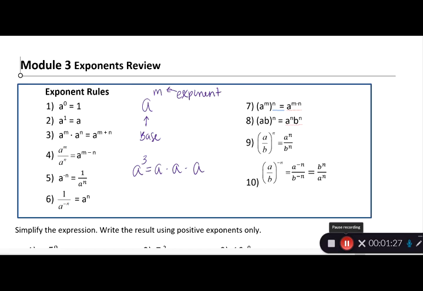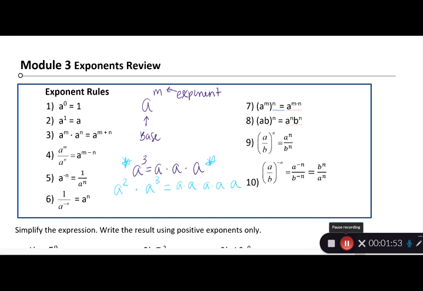As long as you can remember the definition, you can actually figure these rules out. So if I had a squared times a cubed, using the definition, a squared means a times a, and a cubed is a times a times a.